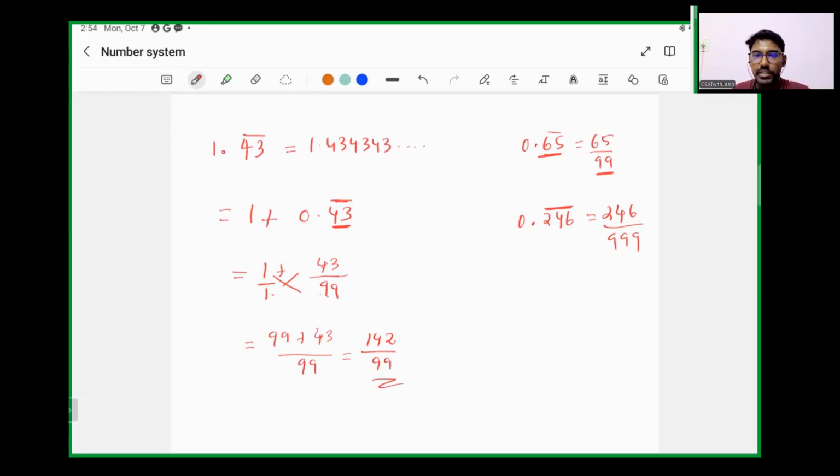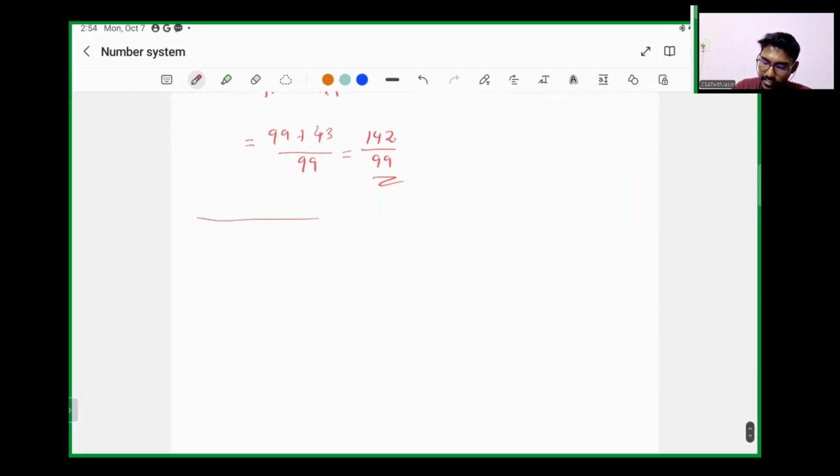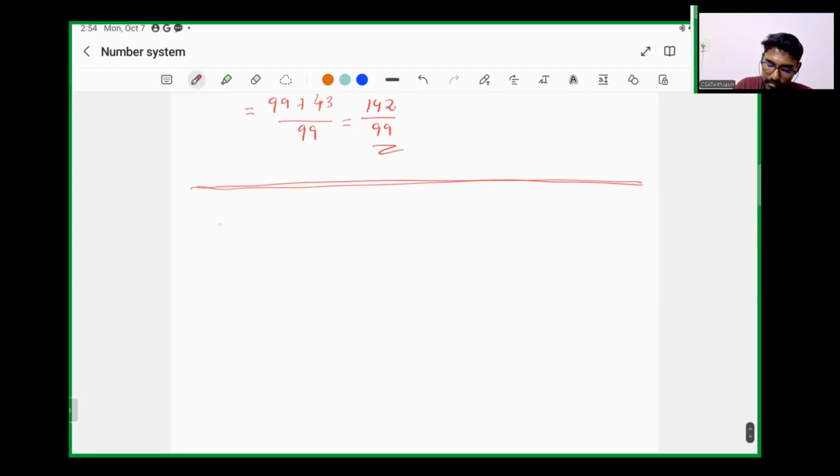Now, I will tell you the easy trick. Okay, so this is how the concept is coming. But now I will tell you the easy trick. It is actually very easy. So first, the example we have taken was 1.6 bar, right? So here first you write 1.6 bar as 16. You take all the digits here.